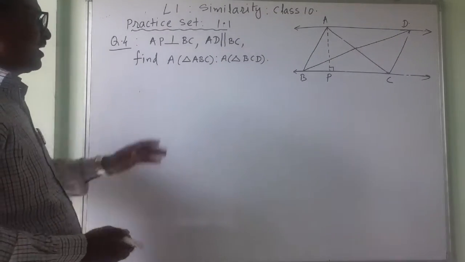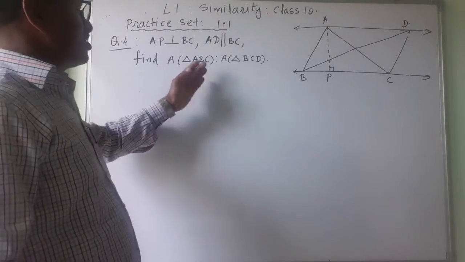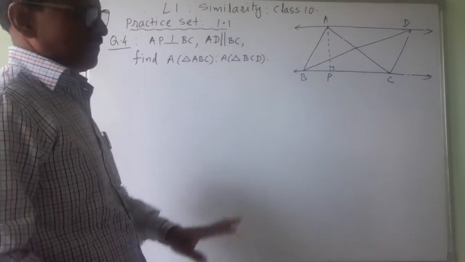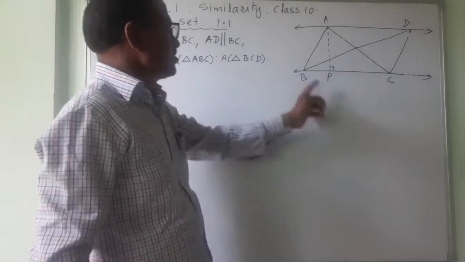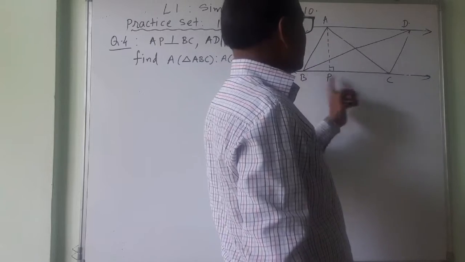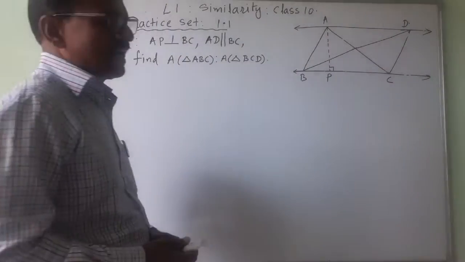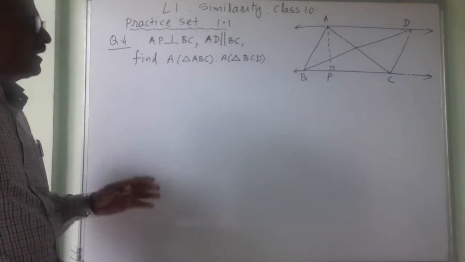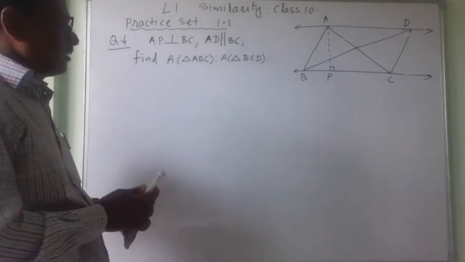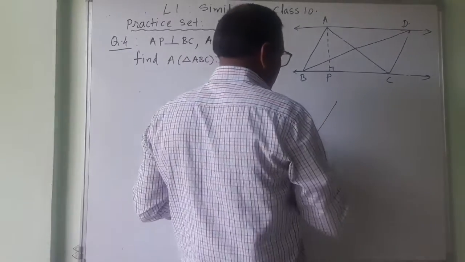What we have to find? Find area of triangle ABC to area of triangle BCD. These triangles ABC and BCD, the ratio of their areas I have to take. While discussing the BPT, the figure was like this.